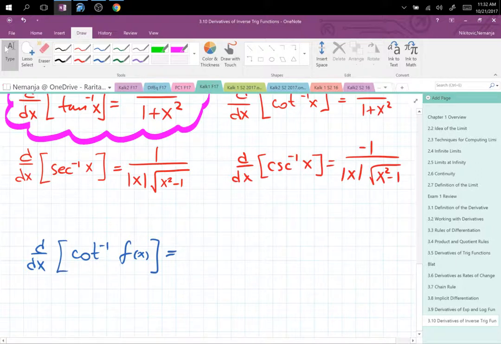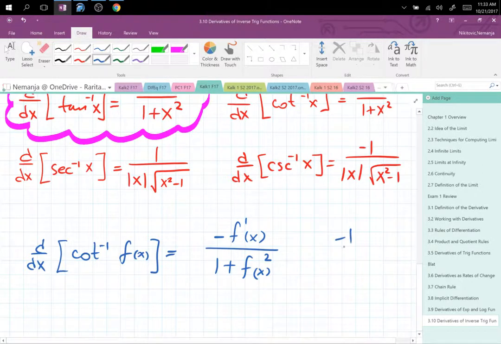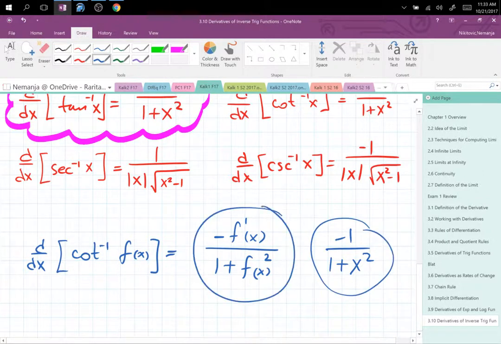And the derivative of cotangent inverse of any function is going to be negative the derivative of that function divided by 1 plus the function squared. So I hope you see the same structure of negative 1 over 1 plus x squared. You have that times the chain rule, which, if you consider here, f of x is x, the derivative of that is 1. So it still fits.